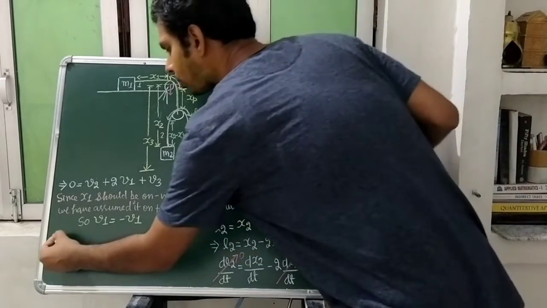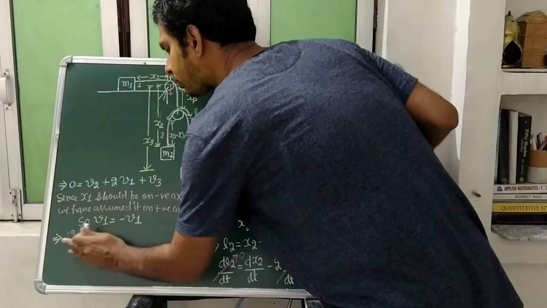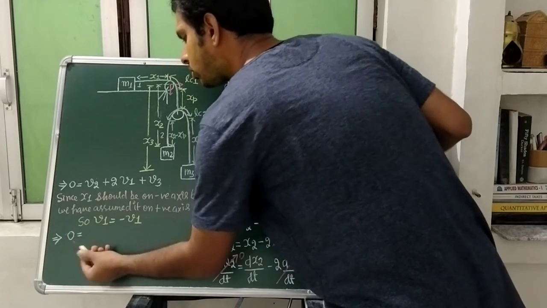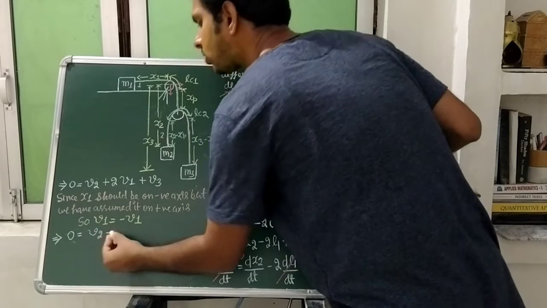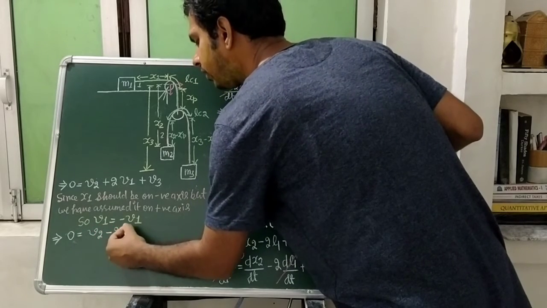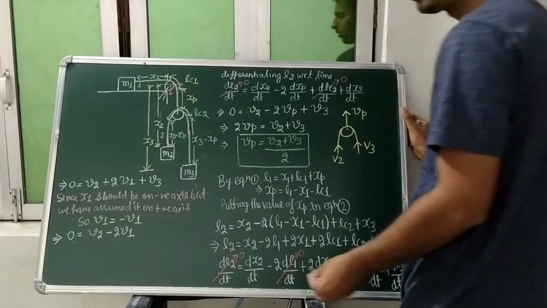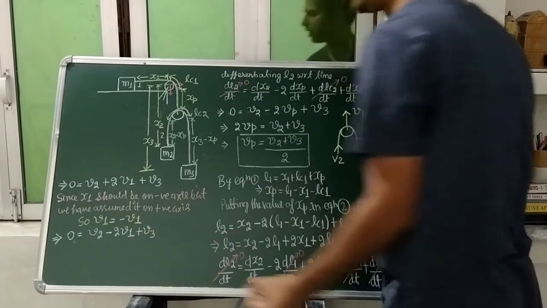So when this 0 should be equal to v2 minus twice v1 plus v3. Is it? If v1 is minus v1, it will become minus twice of v1 plus v3.